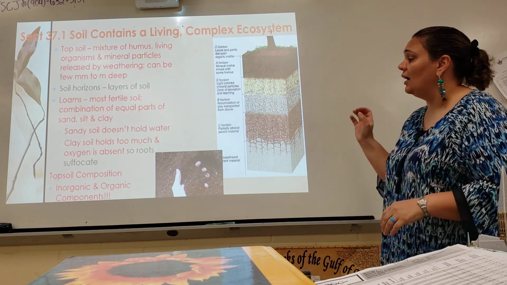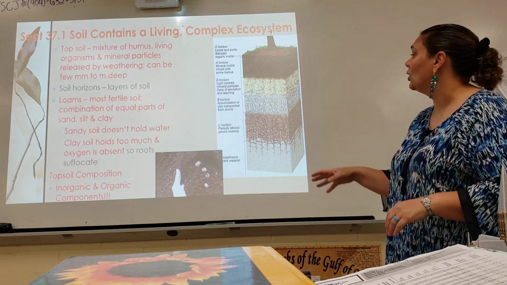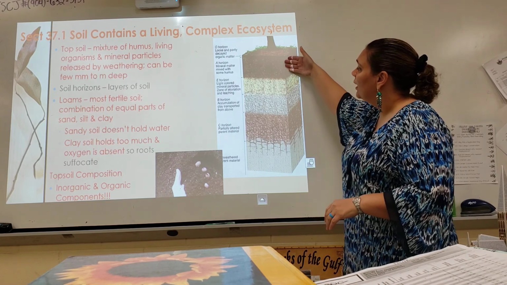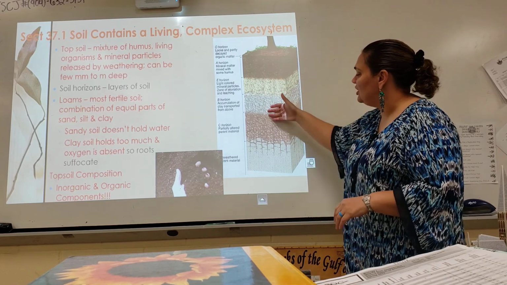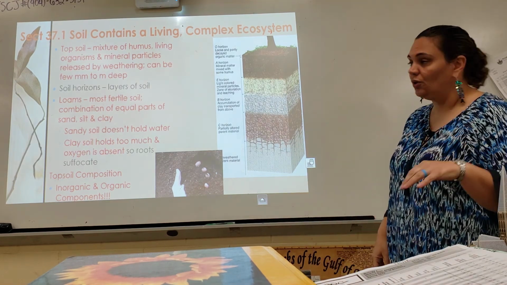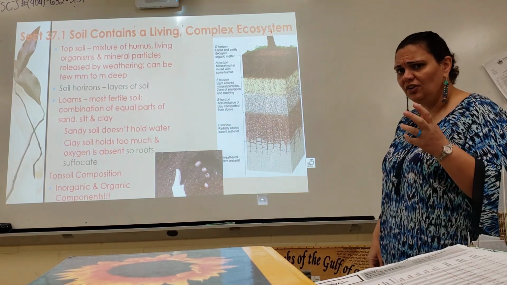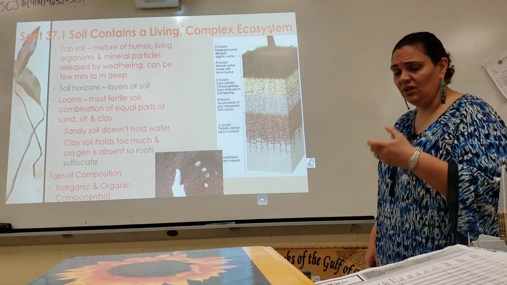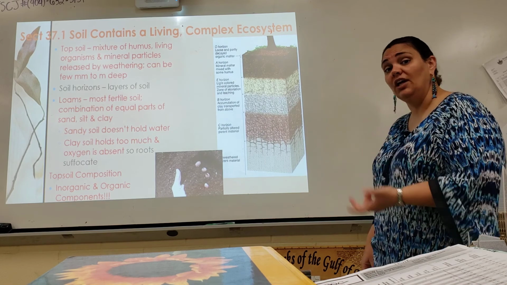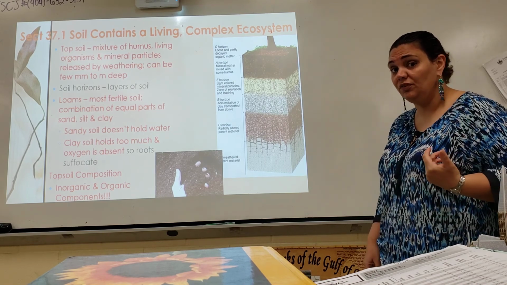Topsoil composition has both inorganic and organic components. So you really see a nice oxygen rich layer, right? You see it changing the deeper you go. If you ever get a chance to really start digging in your soil, and I don't know about you guys, but especially lately, we've been noticing that as we've been digging our yard, the soil in our yard has actually changed since when we first moved in 15 years ago.